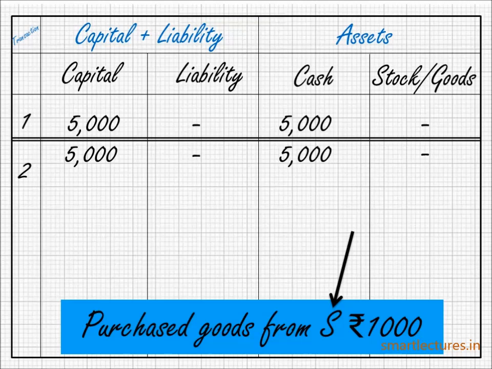So in this situation, we have not lost any cash. But we have created one liability and the name of that liability is creditors. So we'll write down the columns capital, creditors, cash and stock.